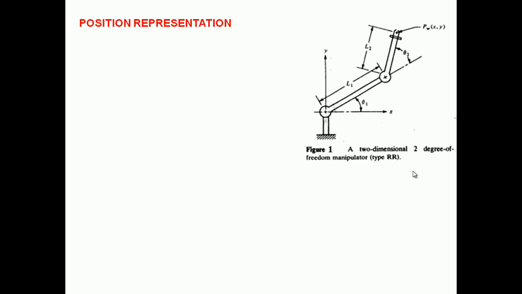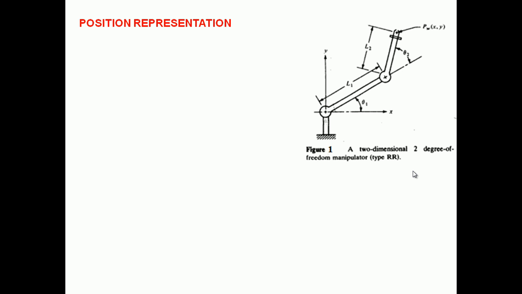Consider a two-dimensional, 2 degree of freedom manipulator of type RR, that is Revolute and Revolute manipulator. You can see the schematic diagram. Link 1 has a length of L1 and link 2 has a length of L2. Link 1 has an angle θ1 with respect to the x-axis. Similarly, link 2 has an inclination of θ2 with respect to the link 1 axis.